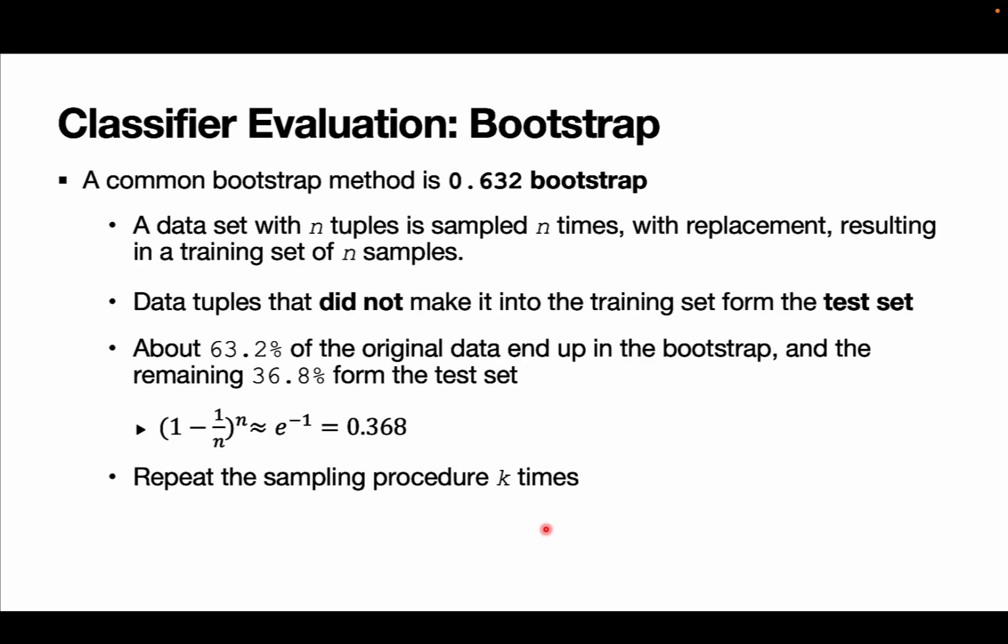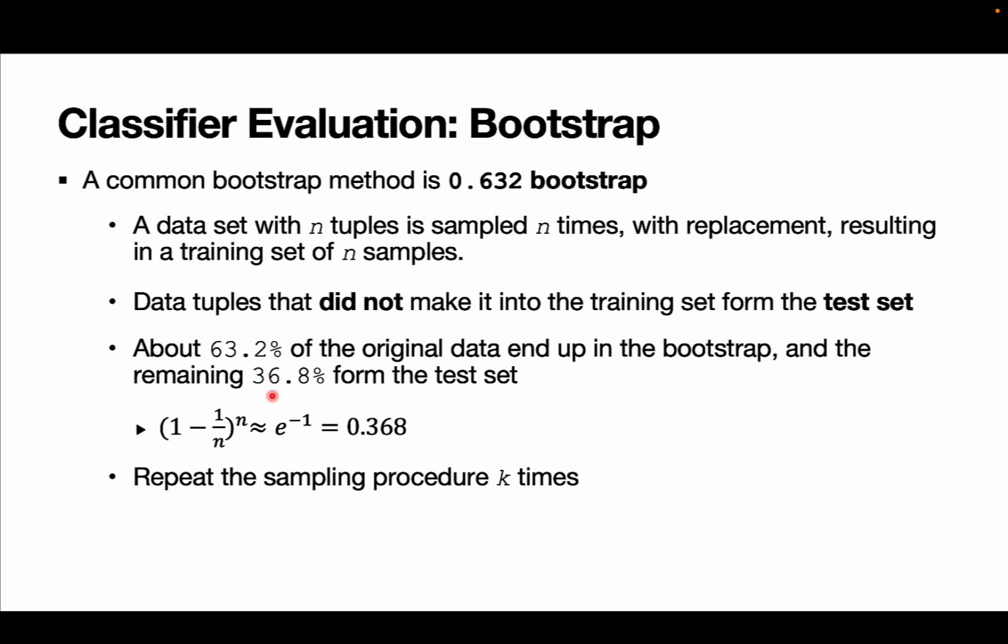This bootstrap method is typically called the 0.632 bootstrap. This comes from a result from probability theory that about 63.2% of the original data points will appear in this bootstrap sample at least once, and the remaining 36.8% will be excluded.